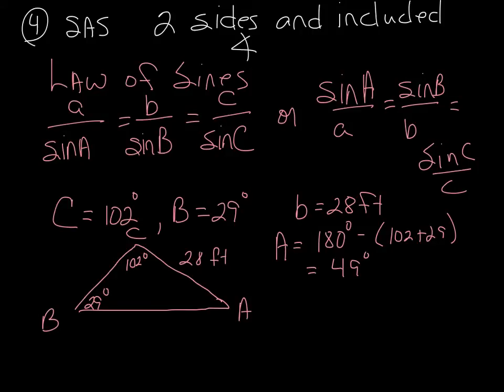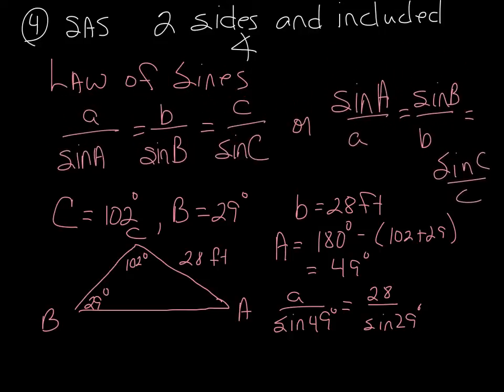Okay, so now I need to find side A and I need to find side C. Since we already have our angles situated, we can do that pretty easily. We know that A over the sine of 49 is equal to 28 over the sine of 29 degrees. Okay, now again, be sure that you are in degrees, not radian measure.